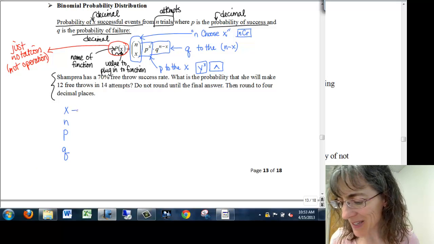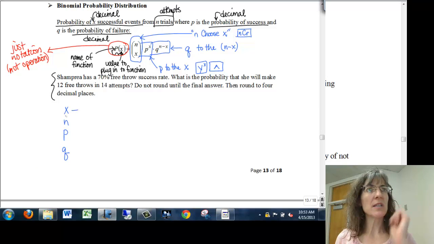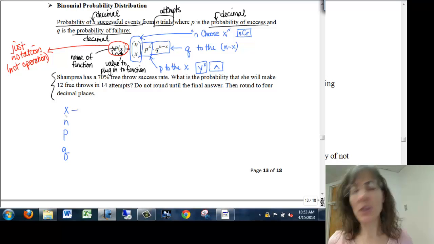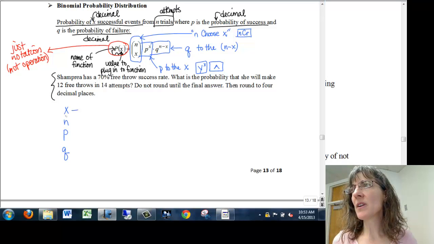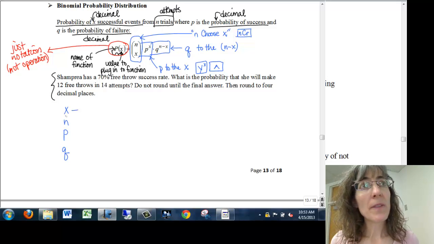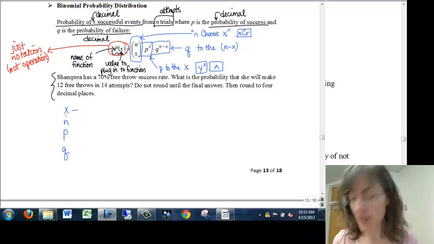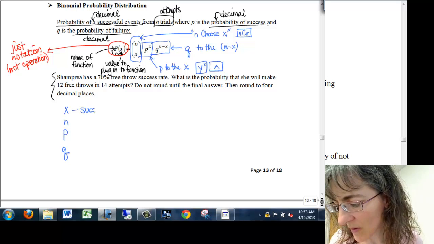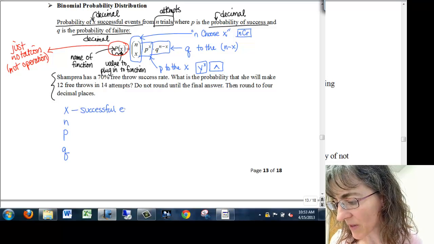What does x stand for in words? So look up on the original description of our formula. What does X stand for? Successful events.